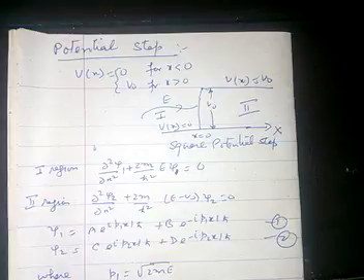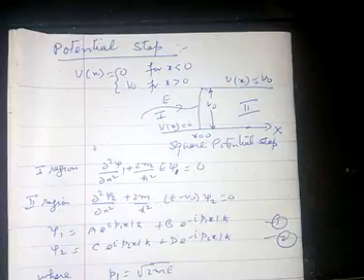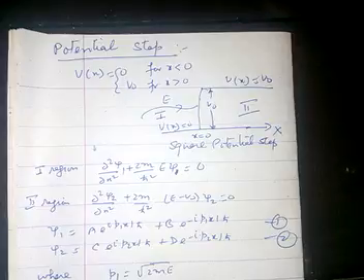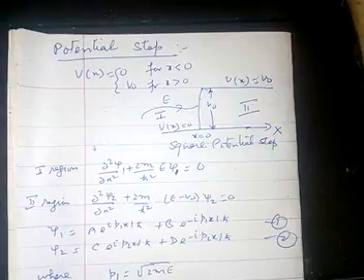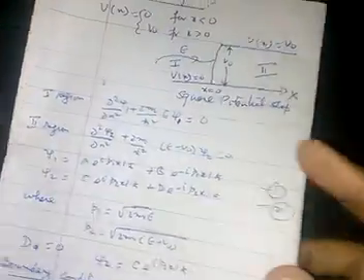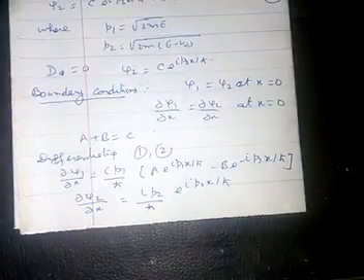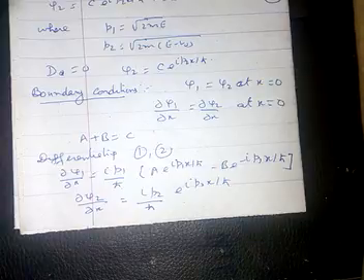The general solution of this equation may be written as psi1 equal to a e^(i p1 x/h-cross) plus b e^(-i p1 x/h-cross), and for the second equation psi2 equal to c e^(i p2 x/h-cross) plus d e^(-i p2 x/h-cross), where p1 and p2 are the momenta in the first and second region respectively and are given by p1 equal to root of 2mE and p2 equal to root of 2m(E minus V0), where psi1 and psi2 are the wave functions for the first and second region respectively.